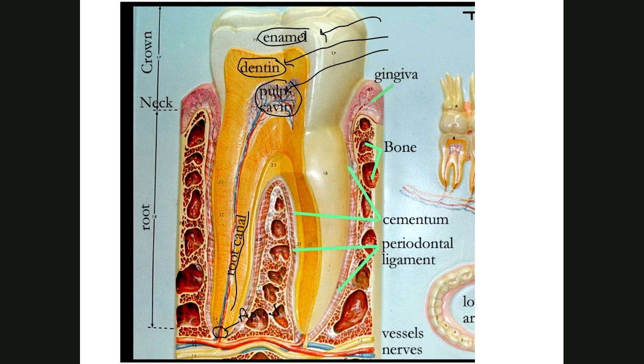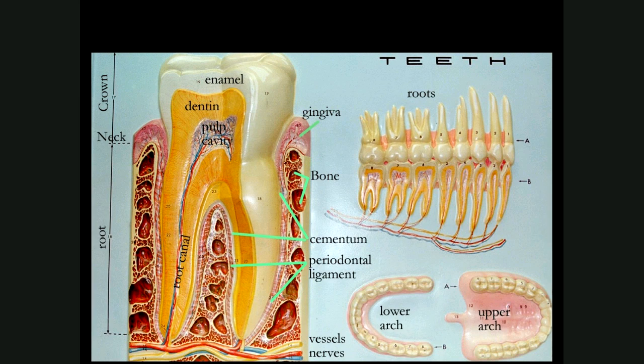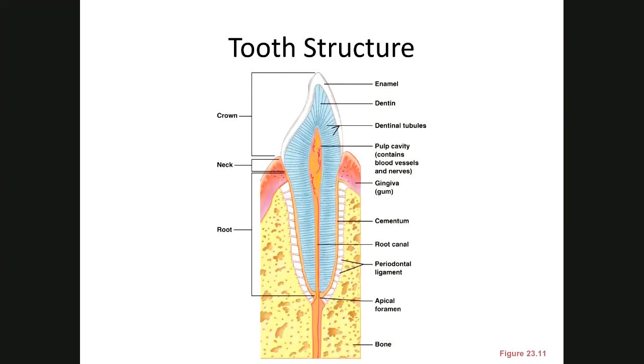And then if you look here, that's the cementum that we were talking about. That's what gives it that yellowish color. And the cementum helps to hold the tooth in place. So there's a ligament that holds the tooth to the bone. And that ligament is called the periodontal ligament.